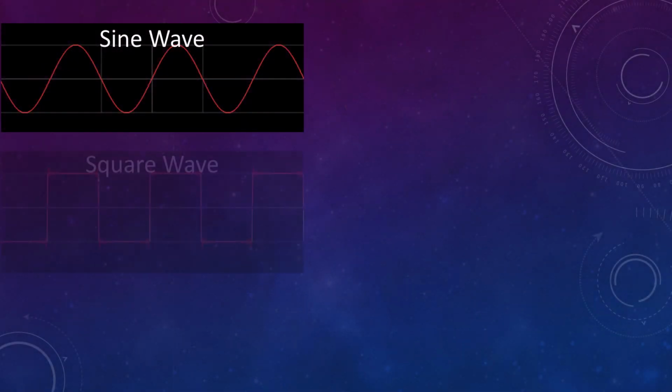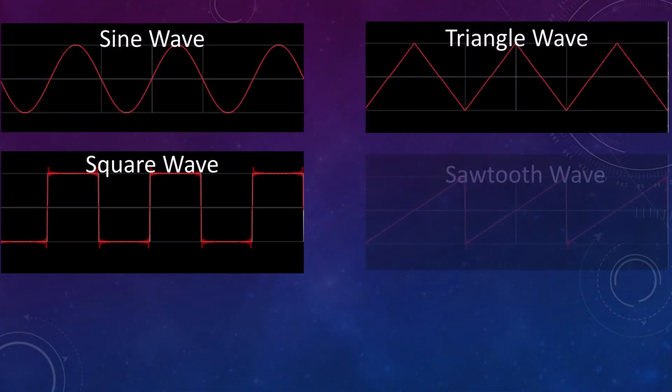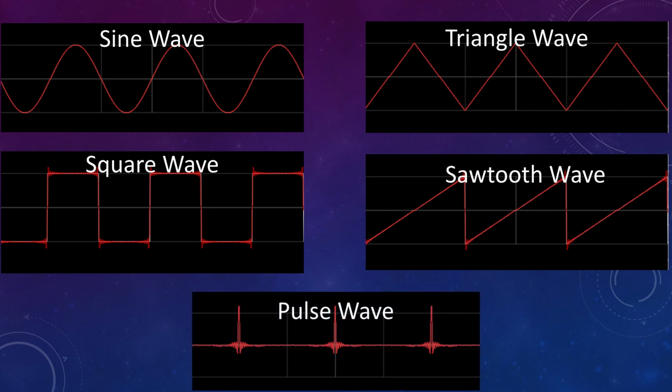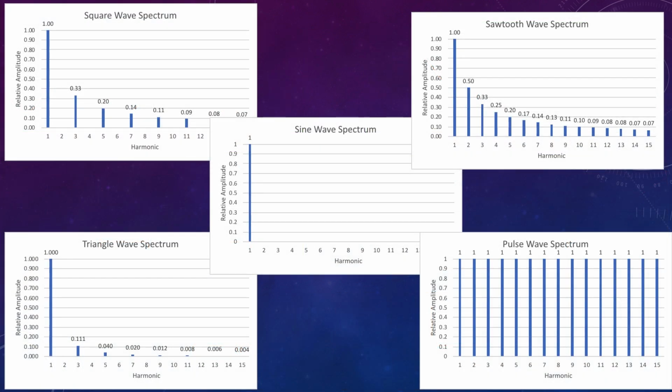We're now going to look at 5 different waveforms in detail. One is a simple waveform, and the other four are basic complex waveforms. A complex waveform is the result of combining two or more simple waveforms. When we talk about spectrums, we are always going to refer to relative amplitude.